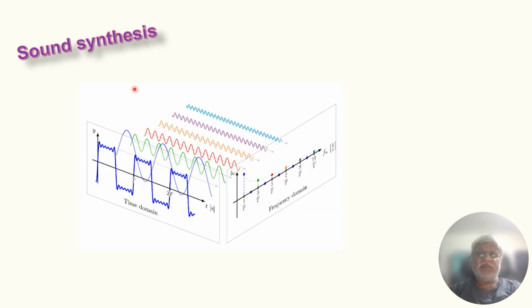In sound synthesis, individual sound waves, shown here with different colors, are combined to form a new signal. This is shown in the time domain. The same thing when formed in the frequency domain is shown here. This we have studied in the engineering courses as part of the Fourier transformation or Fourier synthesis.